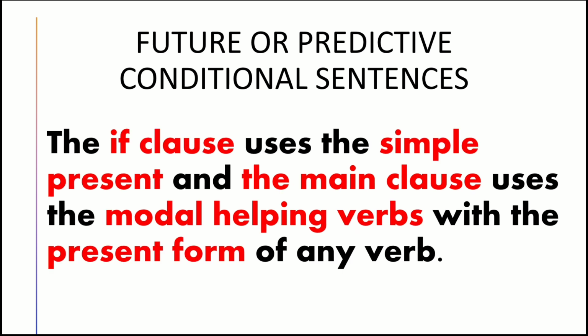Now, if we are going to talk about sentences, of course, there is a structure of a sentence. The if clause uses the simple present, and the main clause uses the modal helping verbs with the present form of any verb in the future or predictive conditional sentences.